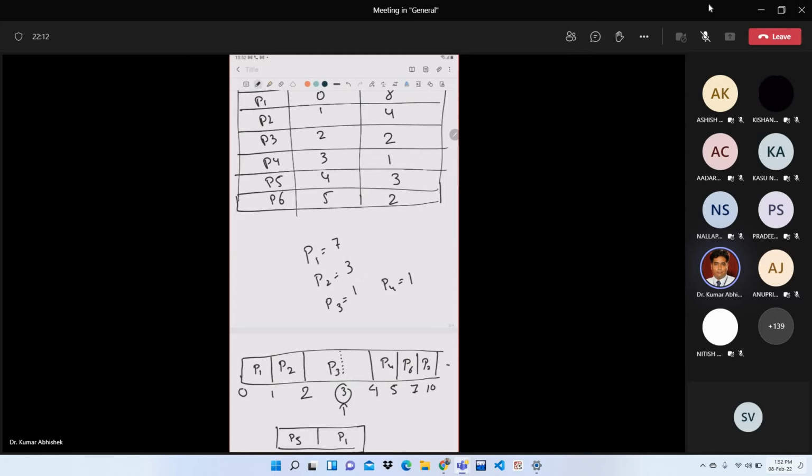So P3 and P4 have the lowest remaining burst time, 1 and 1. So we have a tie. In case of a tie, we prefer the lower process ID, P3. So we'll continue execution. You can do it directly like this, or you can do it like this also. Both are okay. Okay, sir. Thank you, sir.